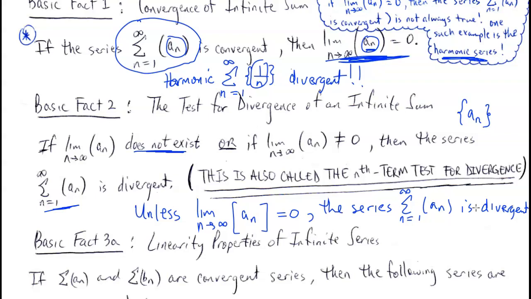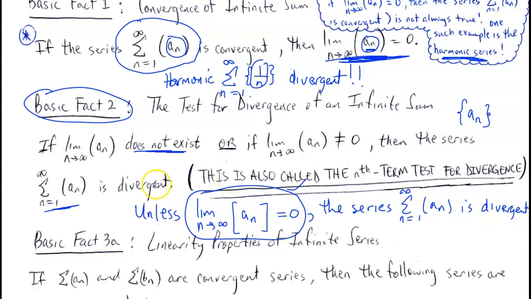And I'll say it again. For basic fact 2, if the limit of the corresponding sequence as n approaches infinity is equal to 0, then there is a chance that the corresponding series may or may not converge. If it's anything other than that, then we know that it's definitely going to diverge.